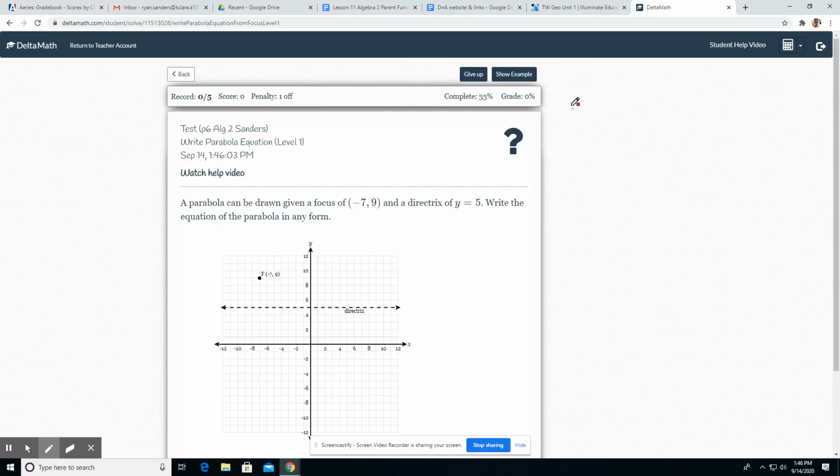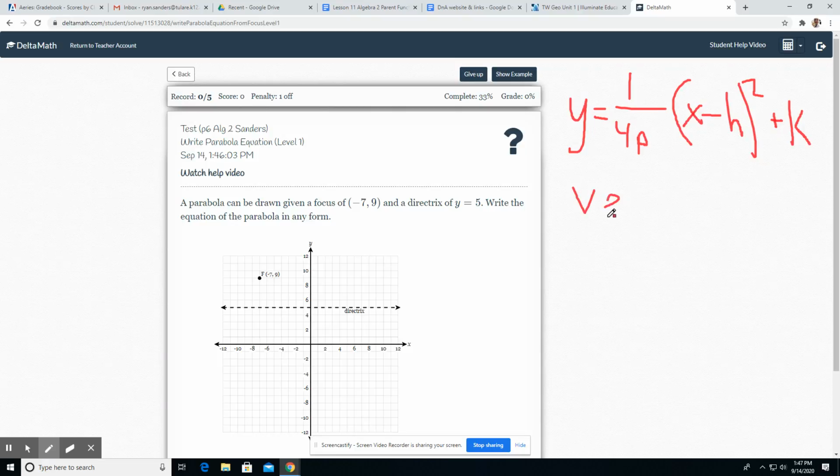So on vertex form, our equation is y equals 1/4p, and then the general one, this one you should probably have memorized, (x minus h) quantity squared, plus k. All right. And then our vertex is going to be the h, k portion.